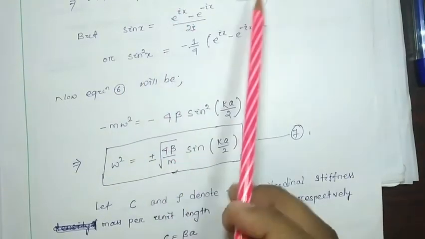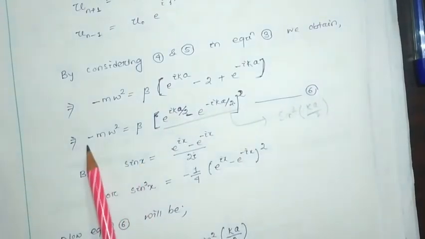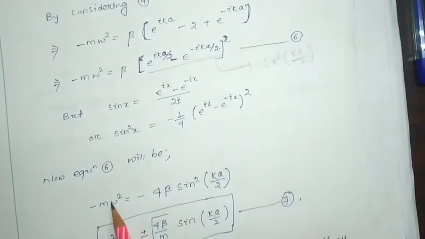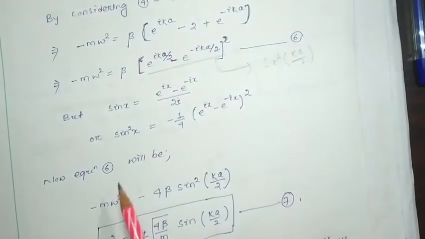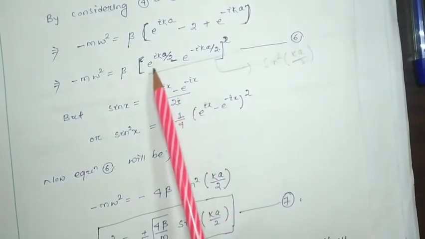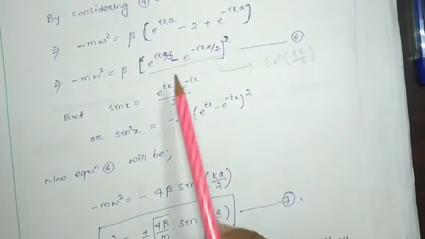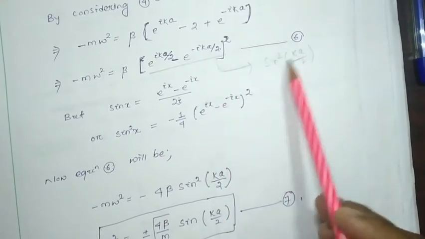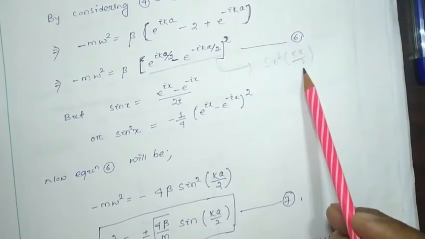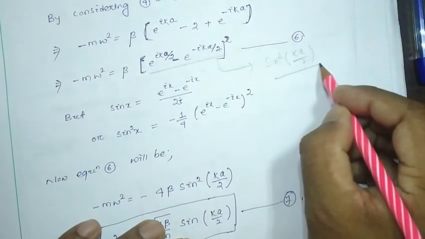So that implies from equation number 6, we can find minus m omega square will be equal to sin square ka by 2 whole divided by 4.